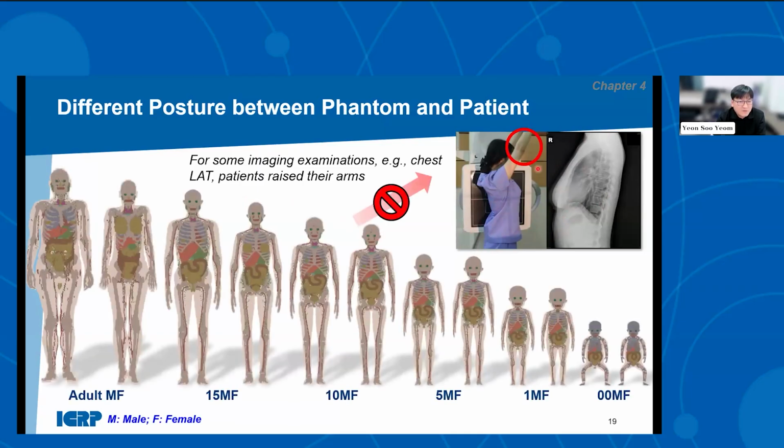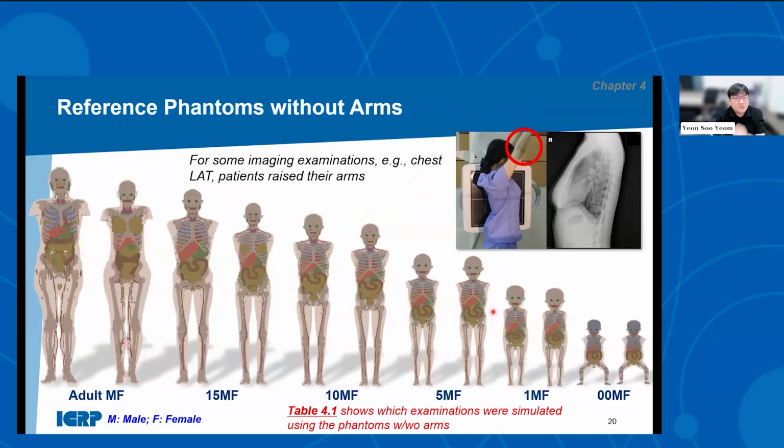However, this arms-up posture is different from the ICRP reference phantom, which is fixed with arms down. To address this issue, we simply use the reference phantom without arms in the Monte Carlo dose calculation for a part of the examinations. Please see table 4.1 in our report to understand which examinations were simulated using the phantom with arms or without arms.